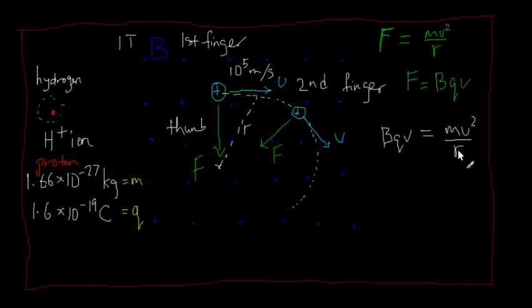So let me start by rearranging this equation to make R the subject. I would move R to the other side by multiplying both sides by R. On the right side, I'm left with mv squared, and I'll move this whole lot, BQV, over to the other side. Just divide both sides by BQV.